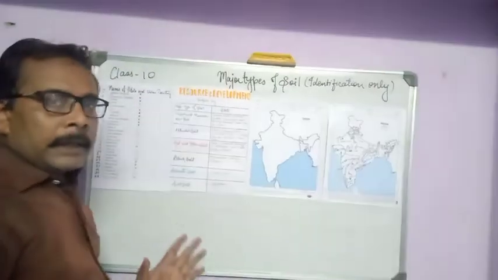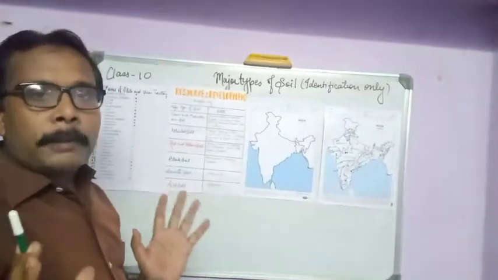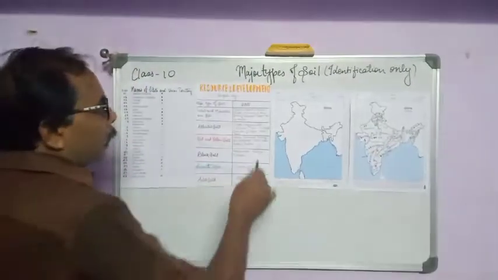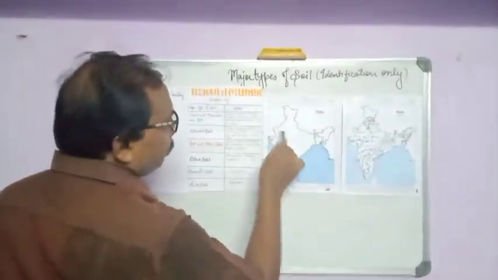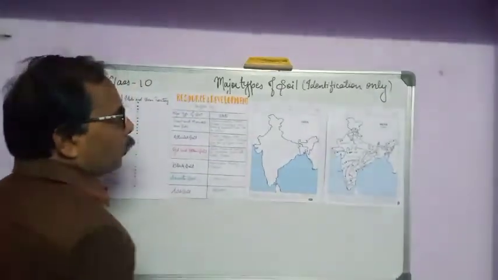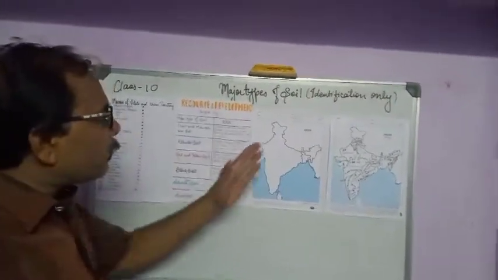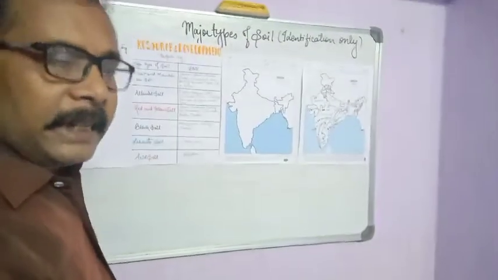So in the exam, in the final board exam, the soil will be located in different parts of the country. You only have to identify which kind of soil it is.